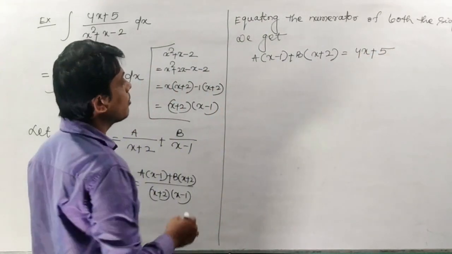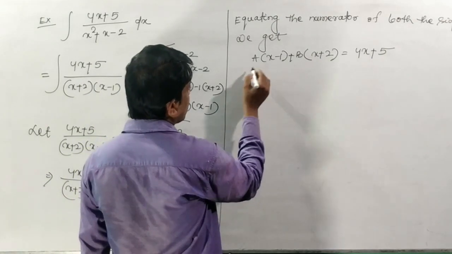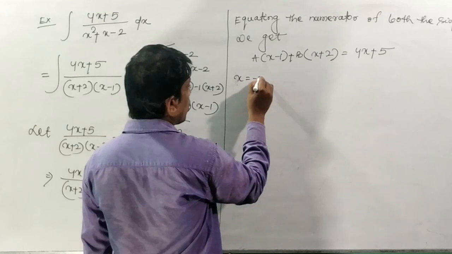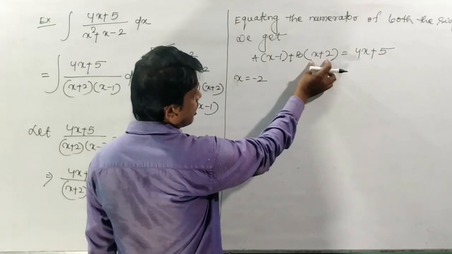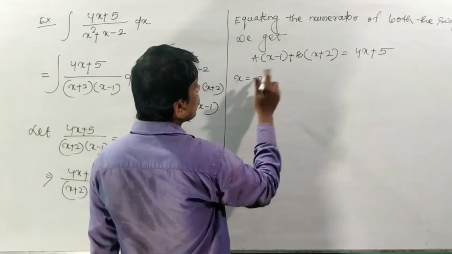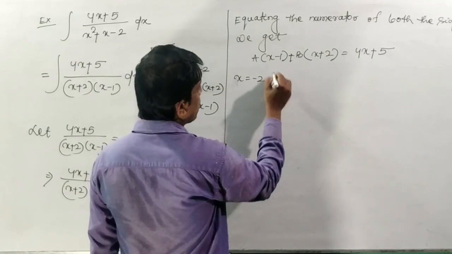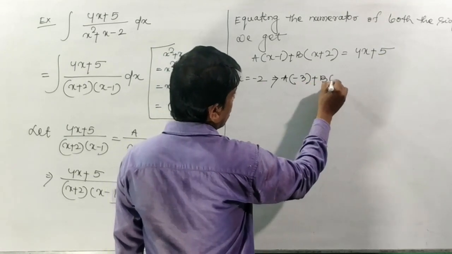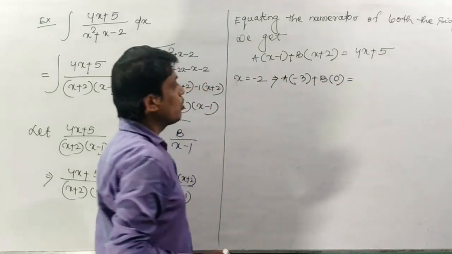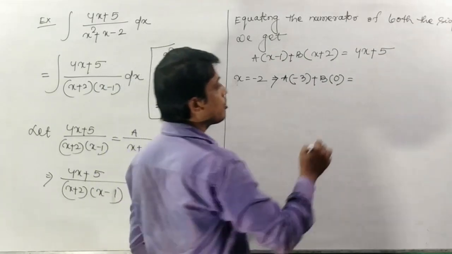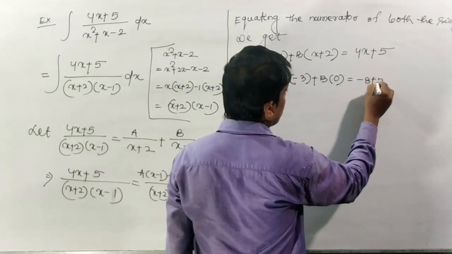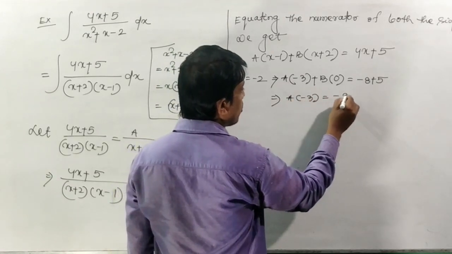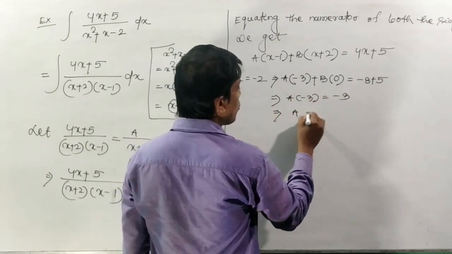Then we take the values of x to find the values of a and b. First take x is equal to minus 2. Clearly we can say that taking x is equal to minus 2, this will be 0. So x is equal to minus 2, that implies a into minus 2 minus 1 is your minus 3 plus b into 0, then this is your minus 8 plus 5, which implies a into minus 3 is your minus 3, implies a is equal to 1.